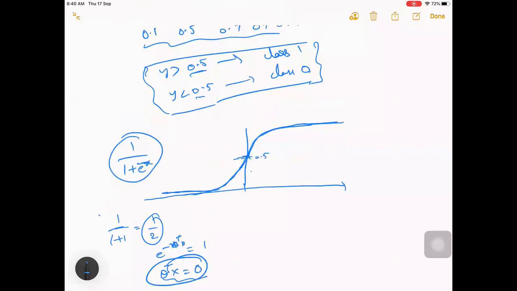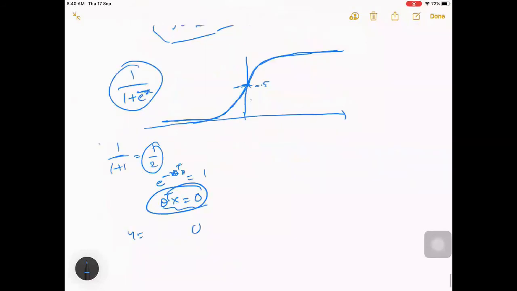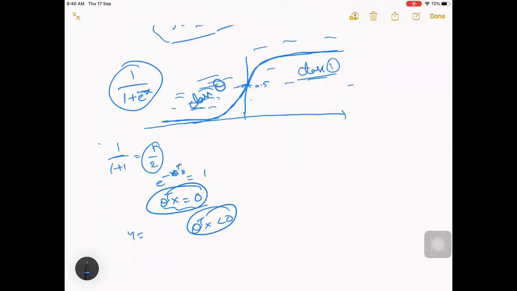When it is less than 0, you will be on this side where you have class 0. And when it is on the other side, here it is class 1. That is the difference.